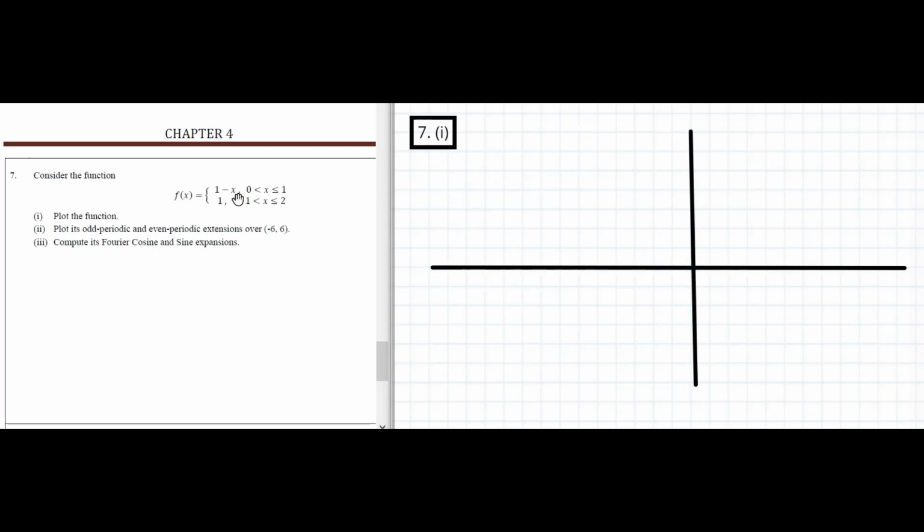f(x) equals 1 minus x from 0 to 1. So when x is 0, we only need 2 points to sketch the line graph. When x is 0, f(x) gives a value of 1.